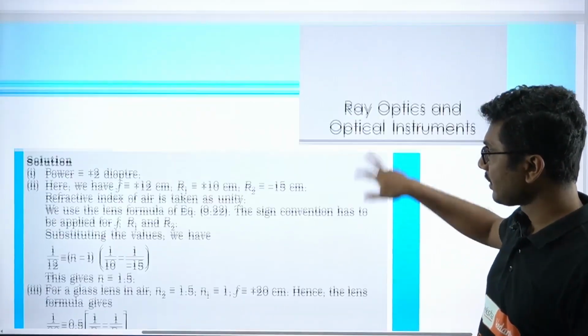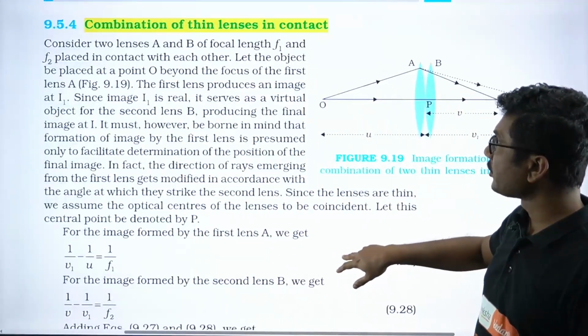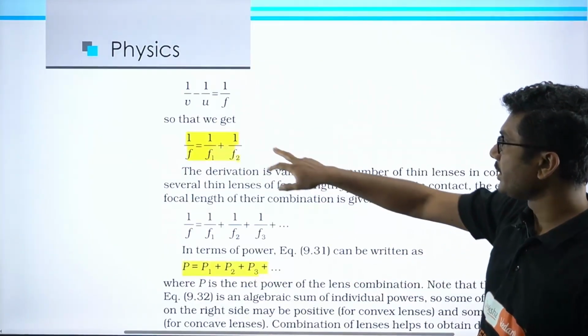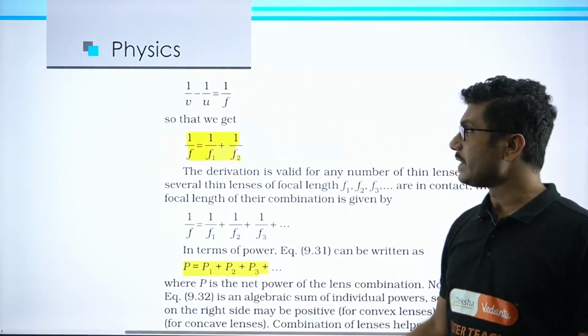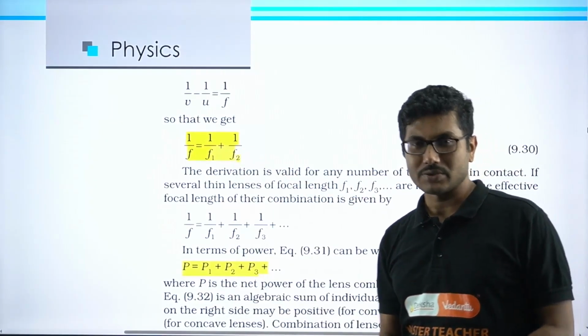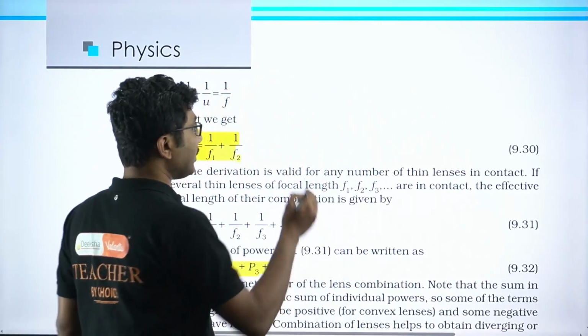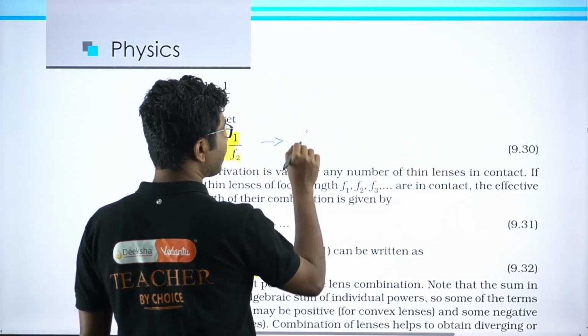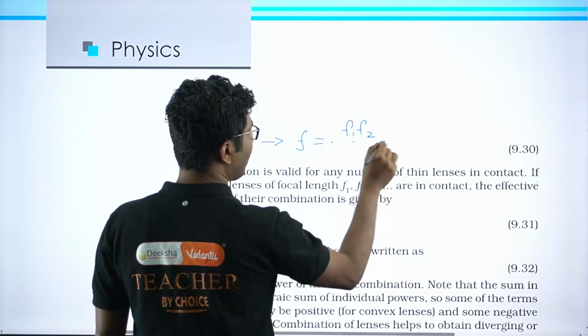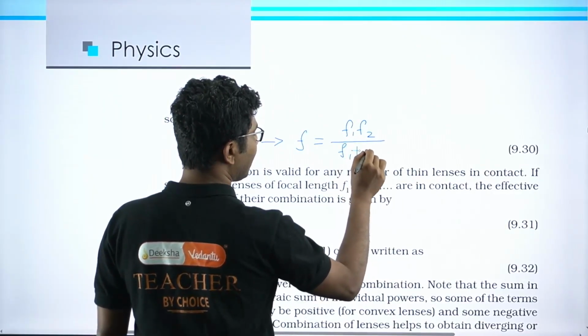Okay, clear? So now, combination of lenses in contact. Again, derivation is not important, only the final formula. When two lenses are in contact, the focal length is given by 1 by f1 plus 1 by f2. Like the parallel combination of resistors, you can write it as f1 f2 by f1 plus f2.